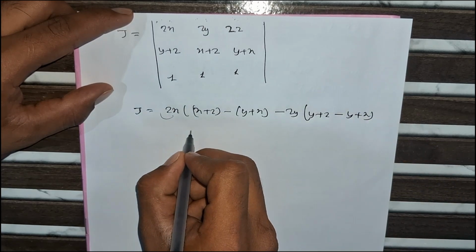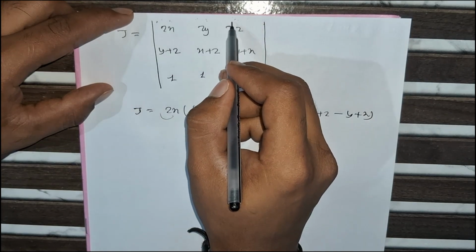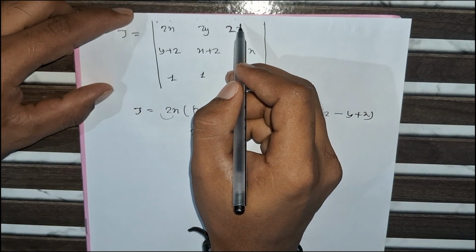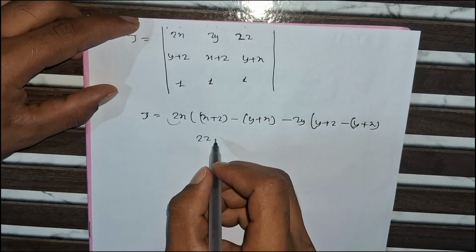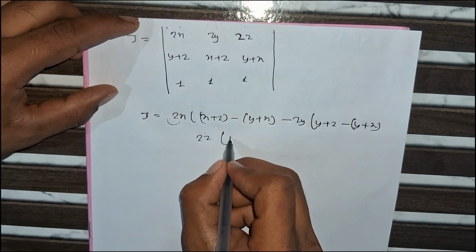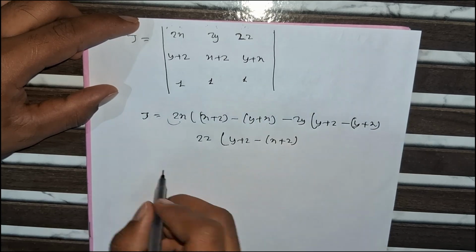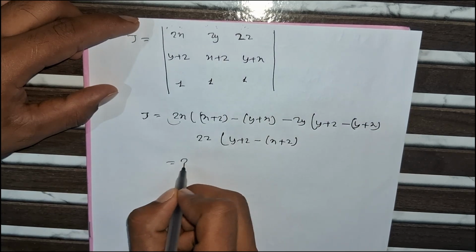Like that 2z, because first row third column, 1 plus 3 equals 4, which is even. So 2z, hiding this row and column, 1 into y plus z minus 1 into x plus z. So we have to solve it.